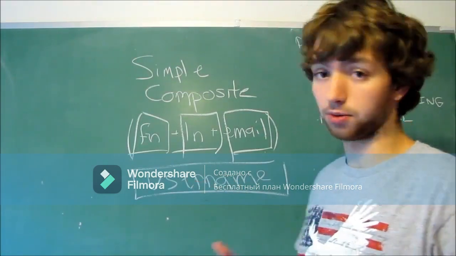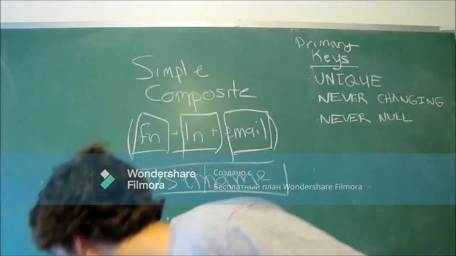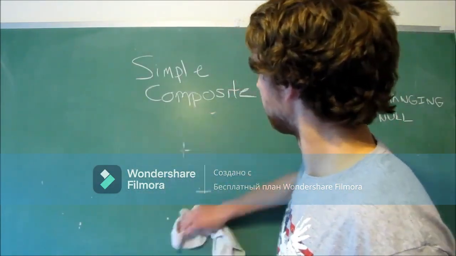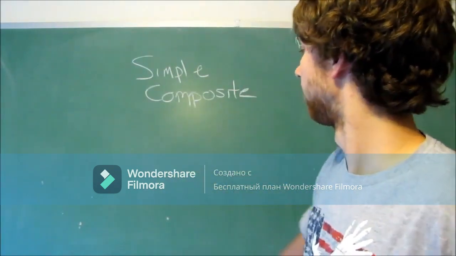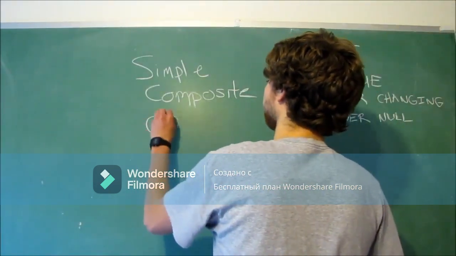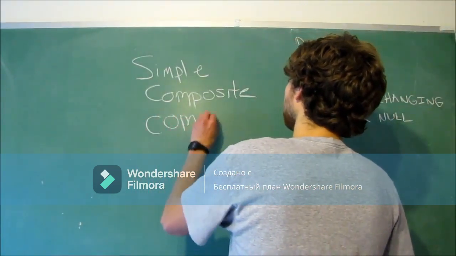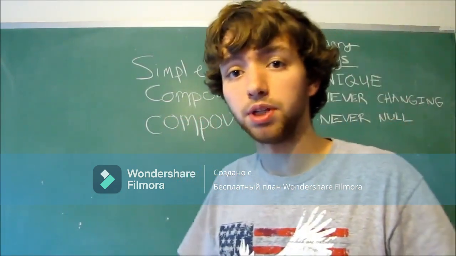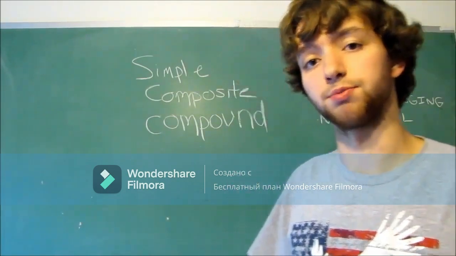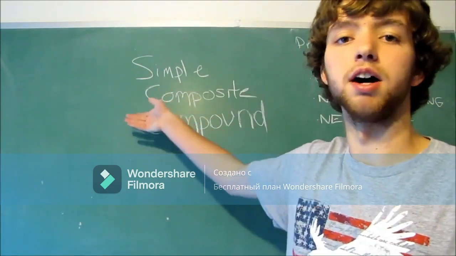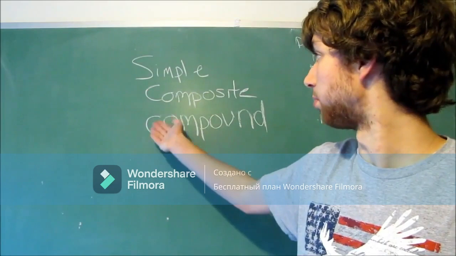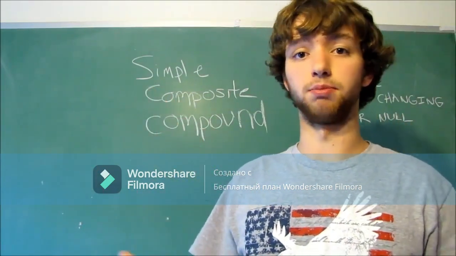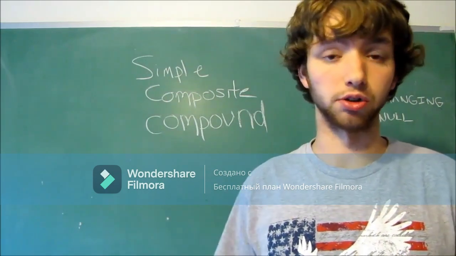Alright, so I want to talk about another term you might run into, and that is compound. Now, I want to clarify that some people and some relational database management systems don't clarify the difference between these two, composite and compound terms, and they just use them interchangeably as meaning a key with multiple columns.